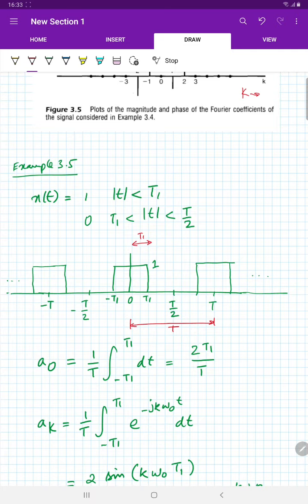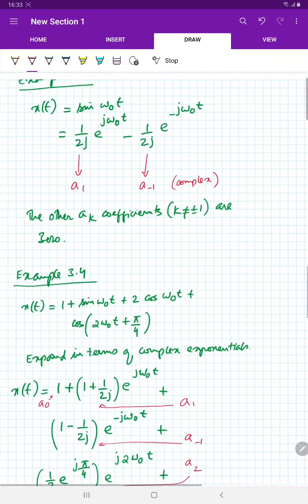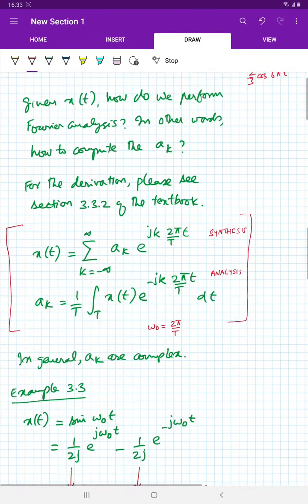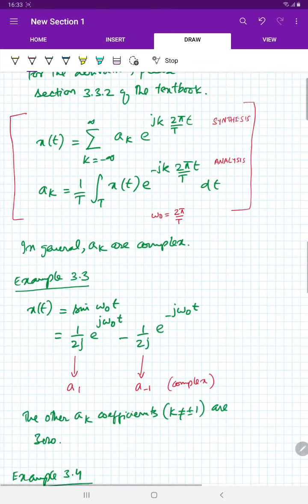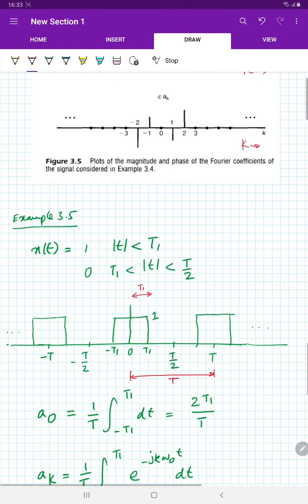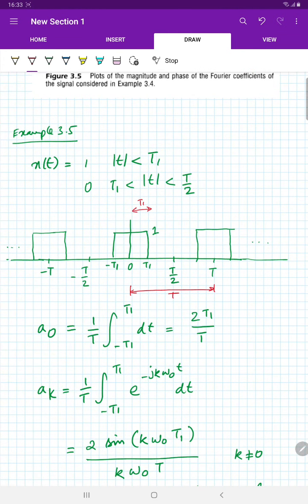For this, you have to use the analysis equation which we saw here, which gives you the expression for a_k. So let's first do it for a_0, where you substitute k equal to 0 in that formula. So you get 1 by T over any period.